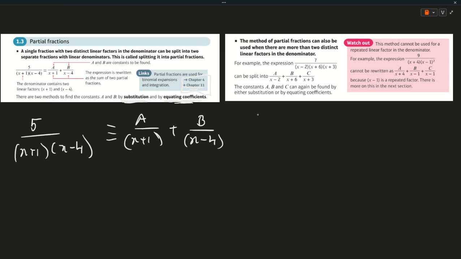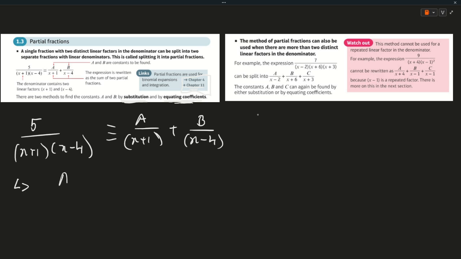That's helpful because we just need to manipulate this to somehow fit into this mold. So we're actually going to do the opposite. We're going to start with this form here.